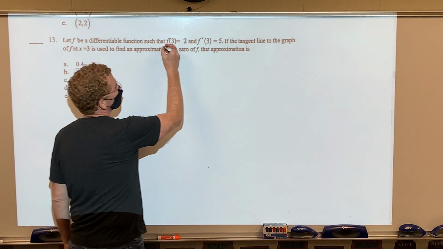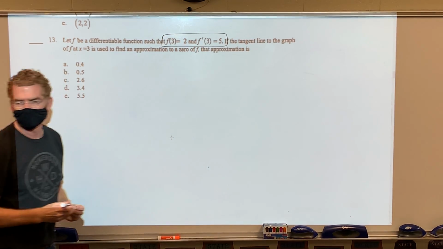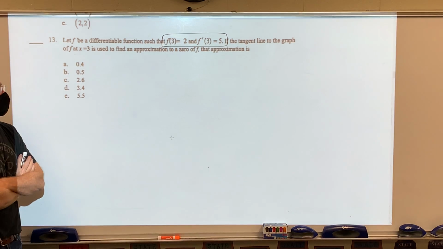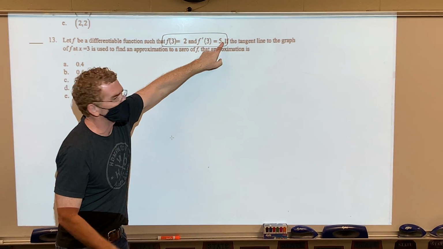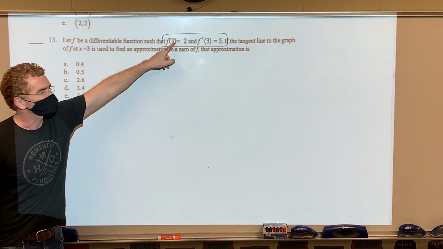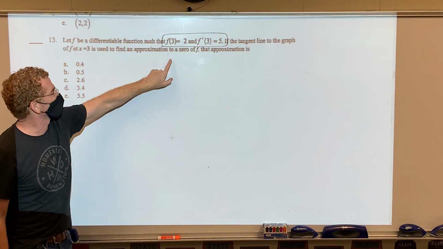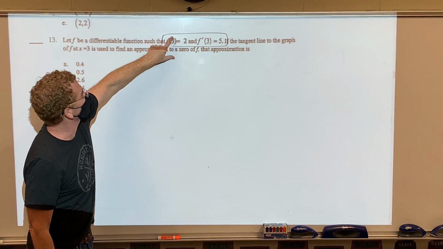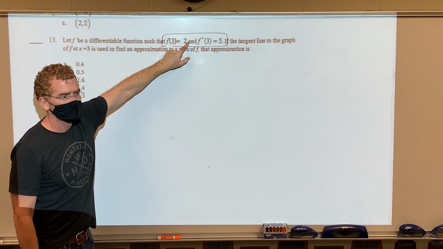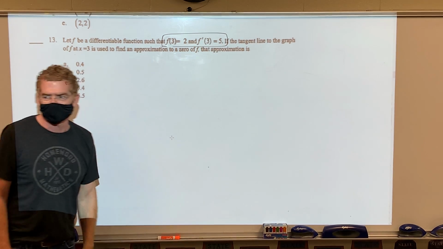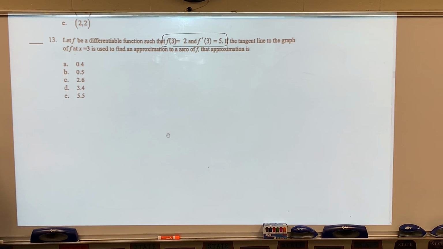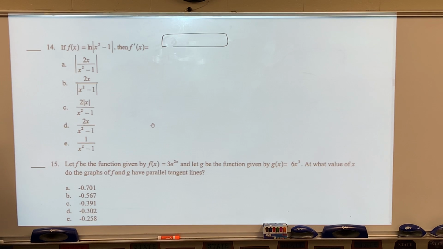Are we okay? What did I just give you here? The slope is 5. What is that? Isn't that saying when the x value is 3, the y value at 3 is 2? So I got a point and a slope. We can find an equation of a line, right? This is a different question, but you're going to need to know that.